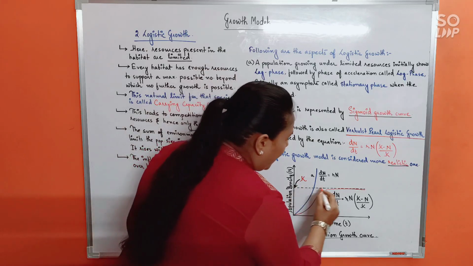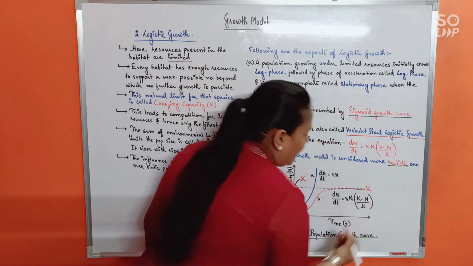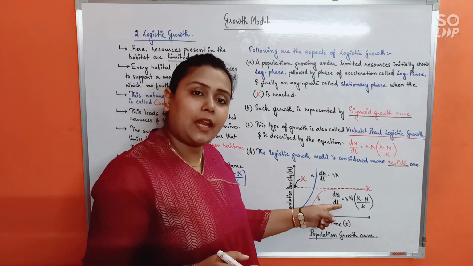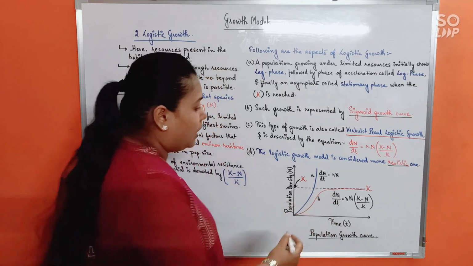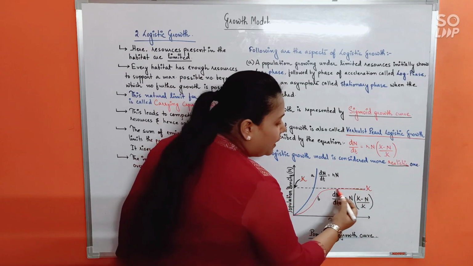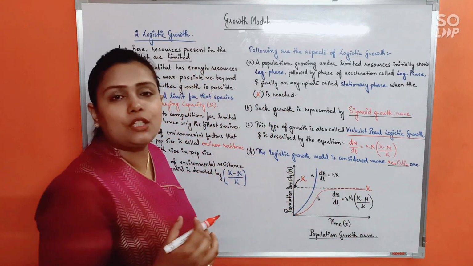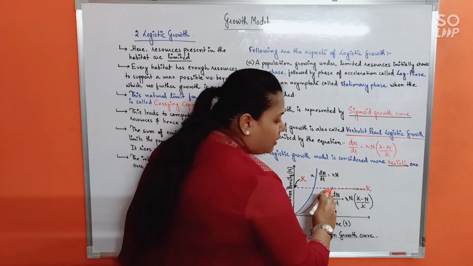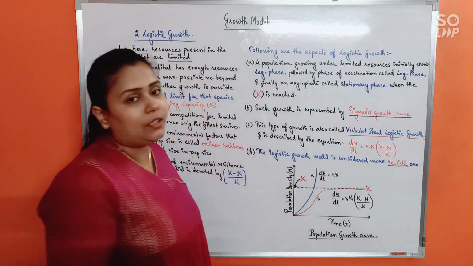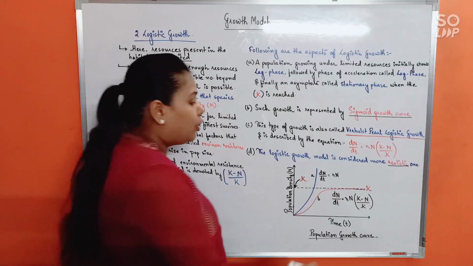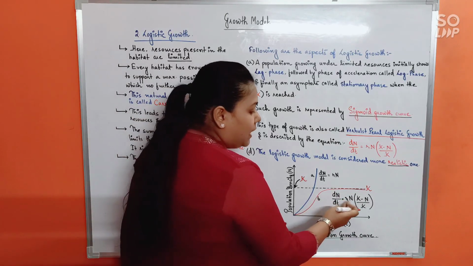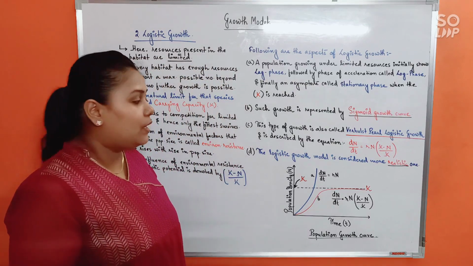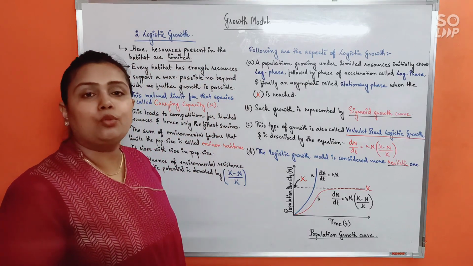See, this one is the carrying capacity, and you know very well that in logistic growth no species can grow beyond carrying capacity. So as the carrying capacity is being reached, environmental resistance will keep increasing, due to which the population will reach a stationary phase. Understood this? So here the growth equation becomes dN by dt equal to rN (K minus N) divided by K. Alright, so this is all about the growth models.